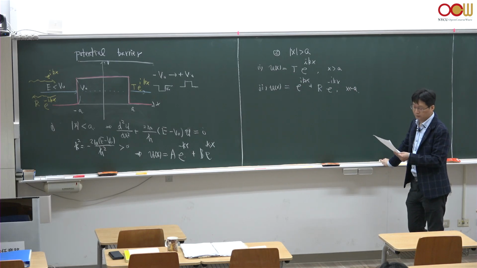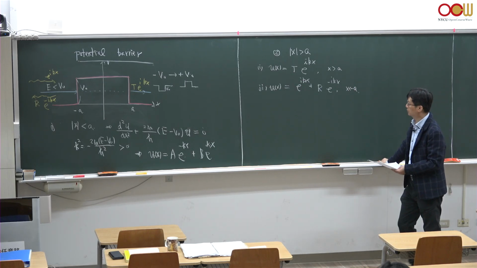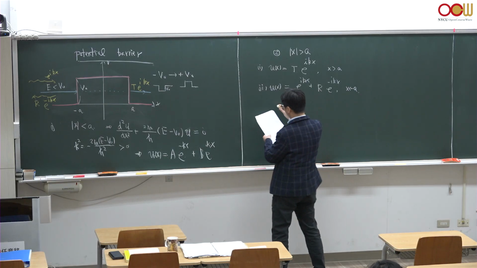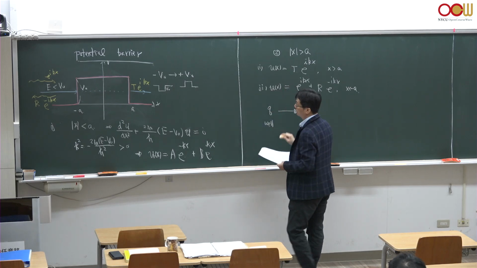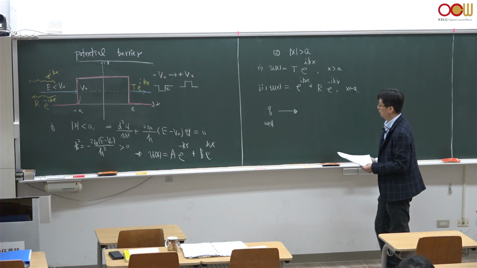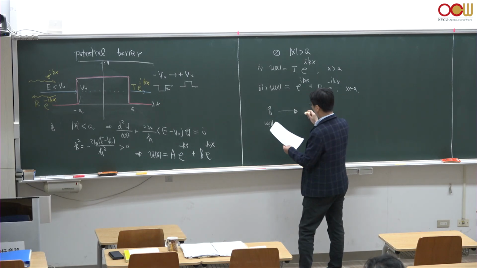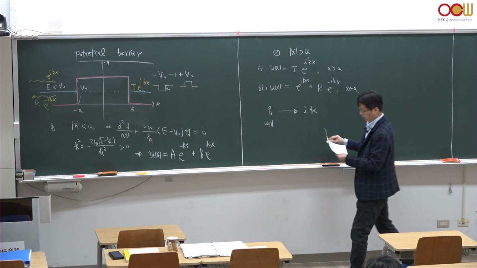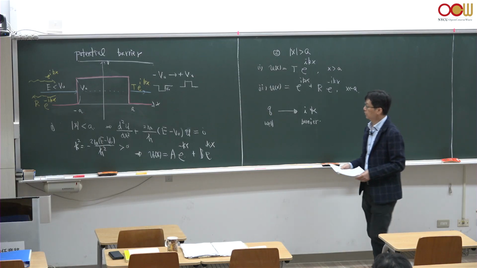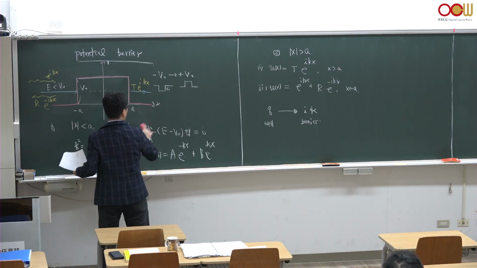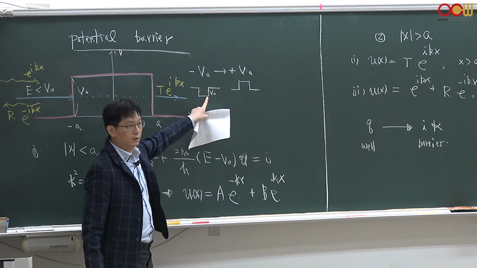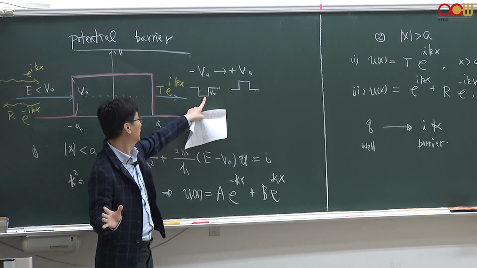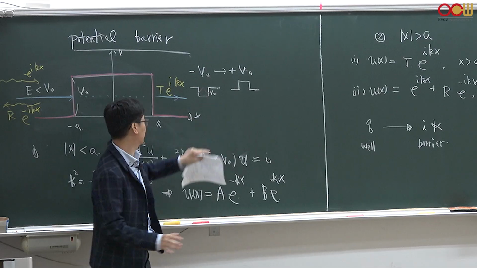So I do not need to repeat this calculation. The only thing I need to say is that this q in the potential well problem, when you make such a conversion between minus V0 and plus V0, this little q goes like i times kappa in the barrier problem. In the potential well problem, remember the particle can be inside the well, but the solution for the particle inside the well is the linear combination of sine and cosine functions, right?